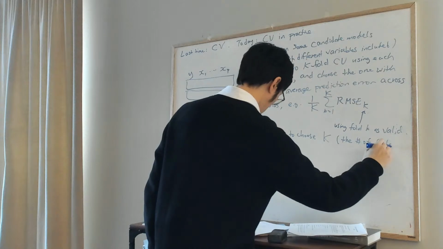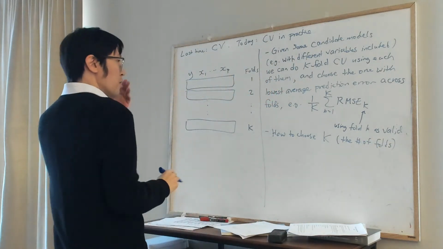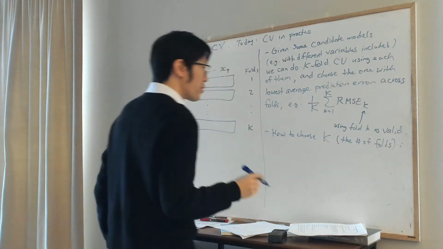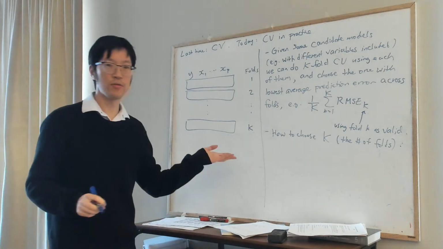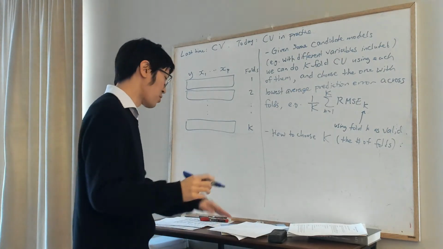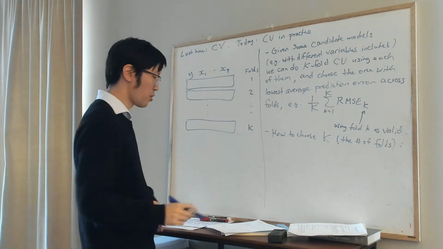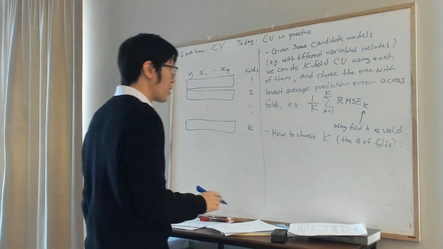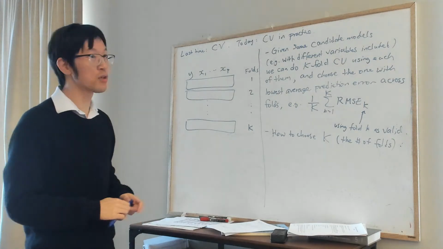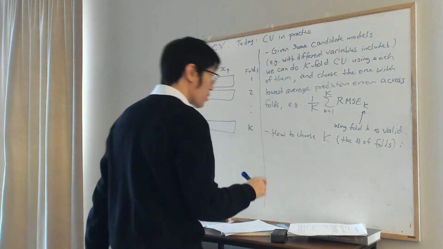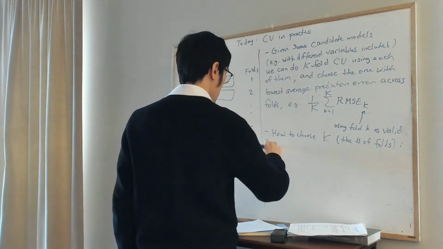In our demo last time, we just did 5. So 5 is a common choice. 10 is also a common choice. And you can even take the number of folds to be equal to the number of observations we have.